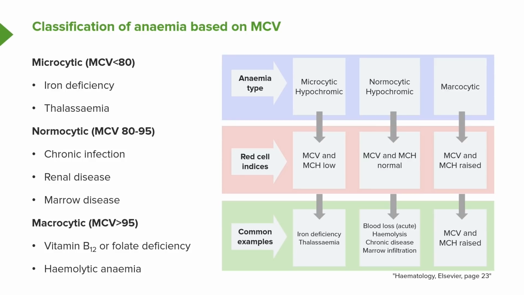In the middle, we have normal size cells, normocytic and normochromic. These are due to chronic infection, renal disease, and marrow disease, and may also include hemolytic anemia. Whereas on the right, we have macrocytic anemia, large red cells with a raised MCV. And we'll see later on how these are normally secondary to vitamin deficiencies, particularly vitamin B12 and folate deficiency.